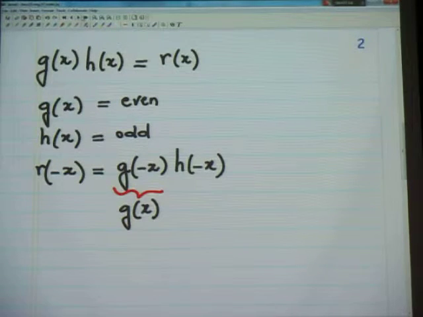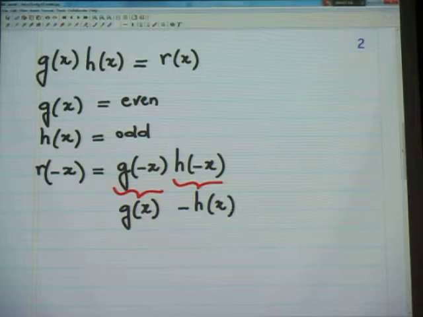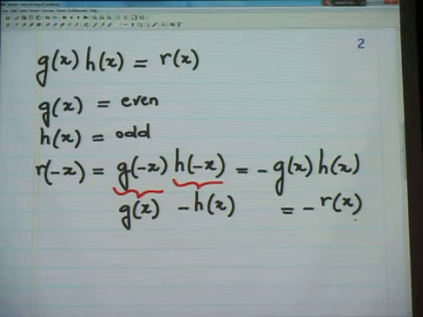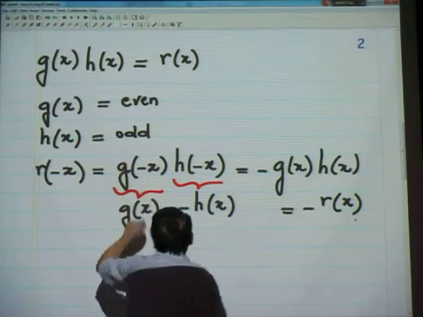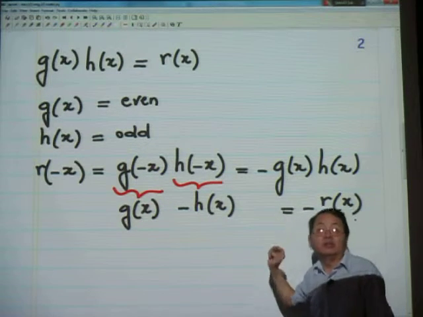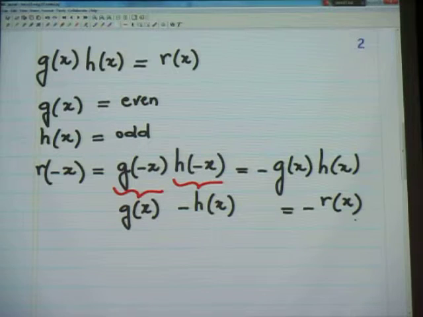And since H is odd, H at minus x is equal to minus H at x. So the result is minus G at x times H at x, and that's equal to minus R at x. Therefore, formally, you have proved that the product of an even function and an odd function is an odd function.